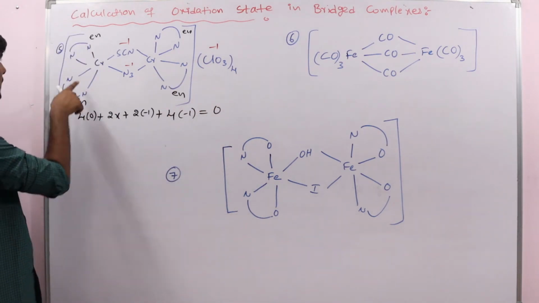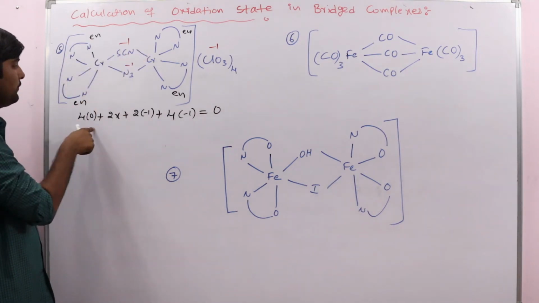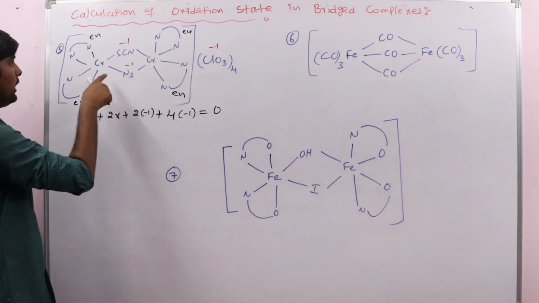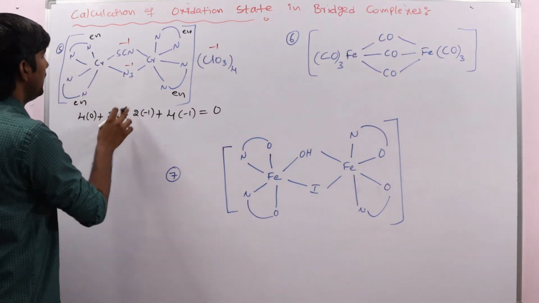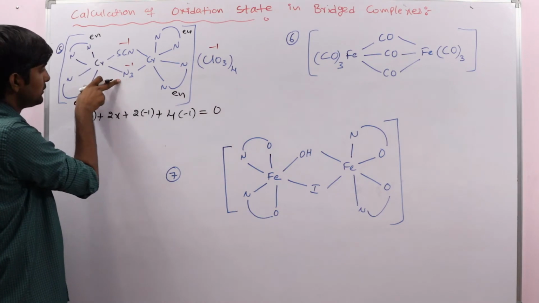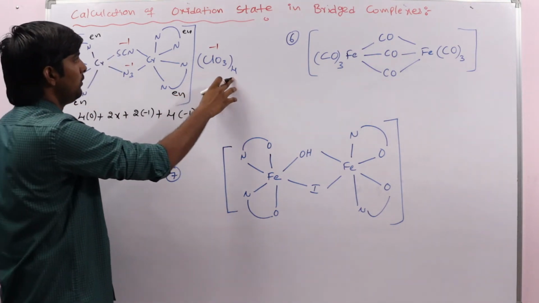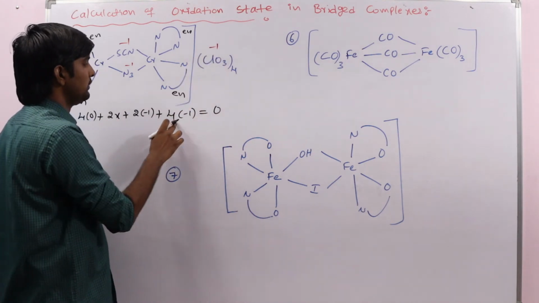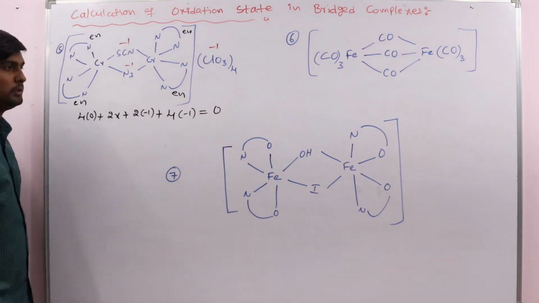Okay, so charge of this neutral ligand is 0, so total 4 ligands, so 4 into 0, and here 2 metal atoms, 2x, this we have to calculate, right? Okay, and this is -1, this is also -1, 2 bridged ligands, so 2 into -1, and the counter ion, each ion carries -1 charge, so 4 into -1, so total is equal to 0.